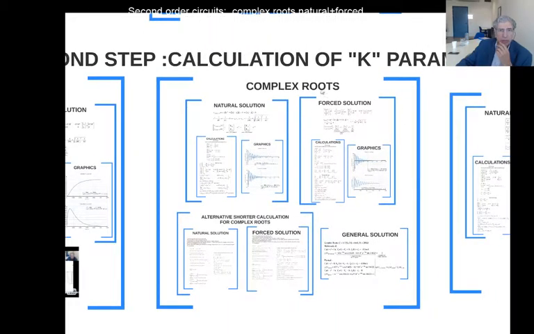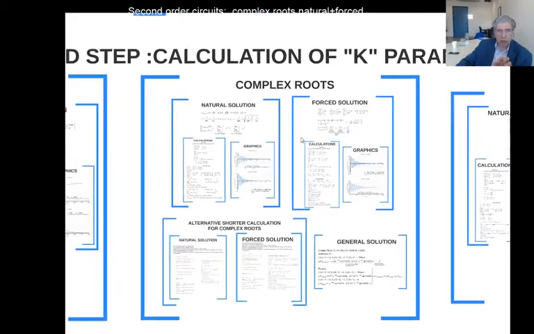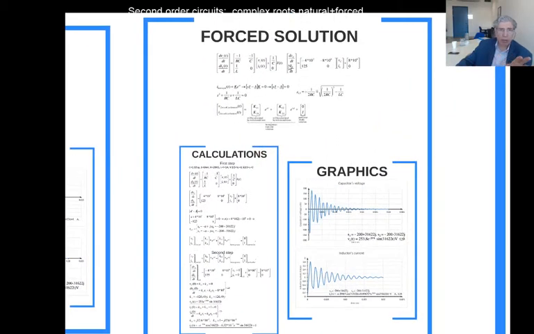Now the second one, what we have done, I'll show you once more. We were examining complex roots. For the complex roots, we examined the natural solution. The next step is to examine the forced solution. The forced solution is partly the same as the natural solution case, because the complex roots and the element values are the same.